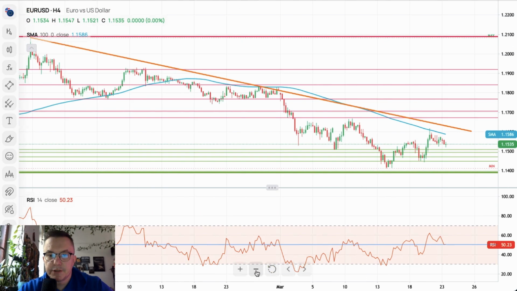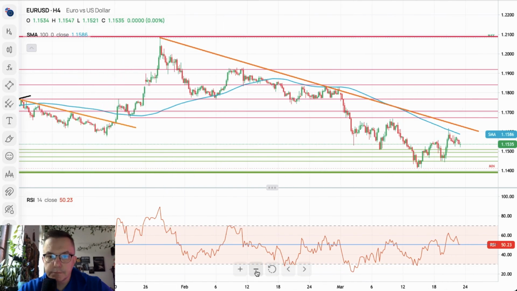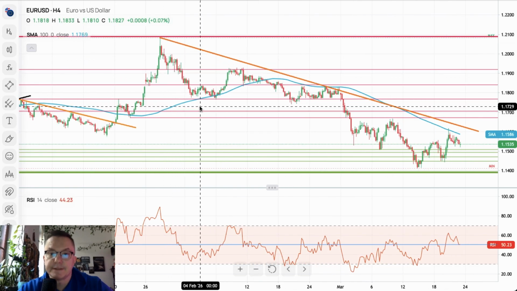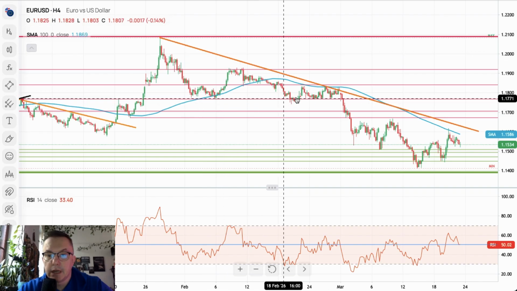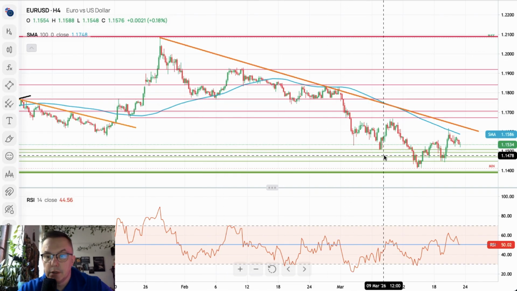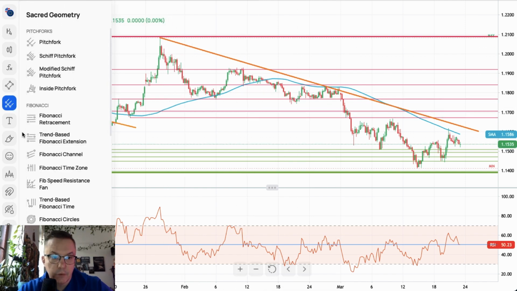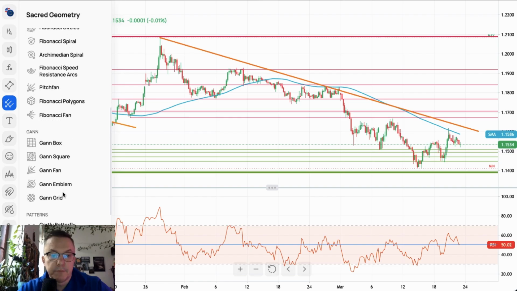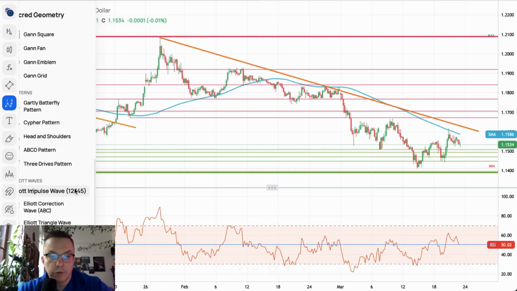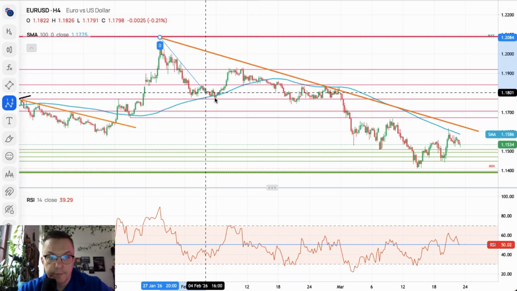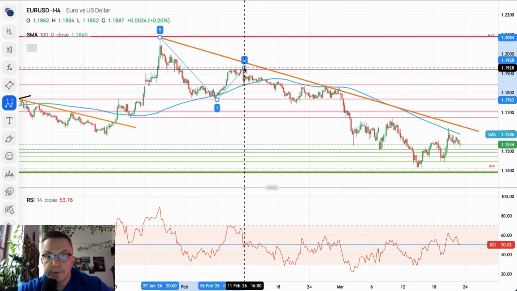What is the situation here on the euro dollar? As far as I can see, this is some sort of corrective decline which is moving lower. If we even consider this movement to the downside as an impulsive situation here, right? So what do we have here? We have wave 1, possibly wave 2.